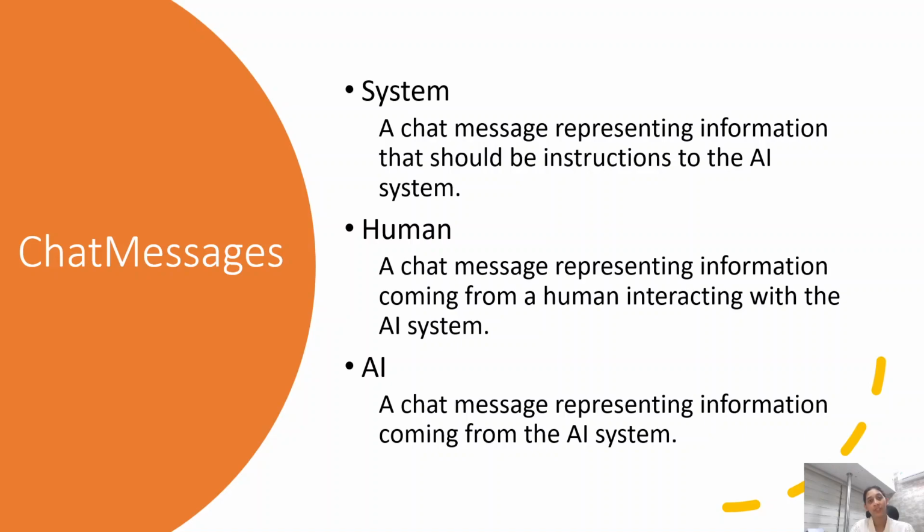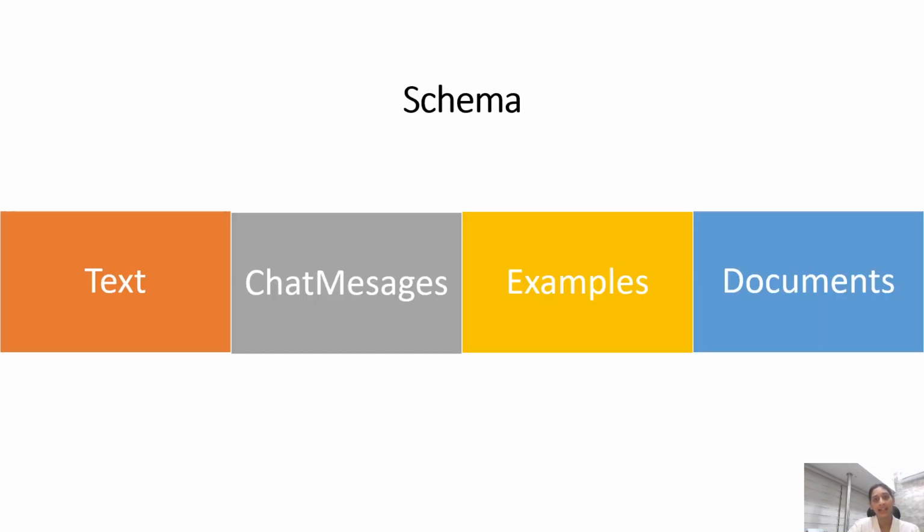That is going to be a human chat message, and then the corresponding AI chat message will be the reply that we get from the bot or the AI system. So basically, an AI chat message represents the information that is coming from the AI system. Okay, and don't worry if you haven't understood this right now. We'll be taking a deeper dig at this in the coding section, so I think you'll get a better understanding there. Now let's move on to the next one.